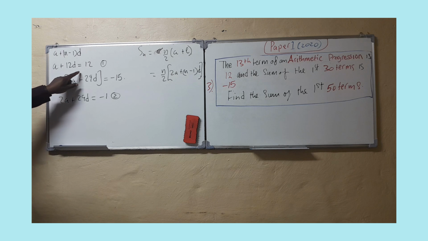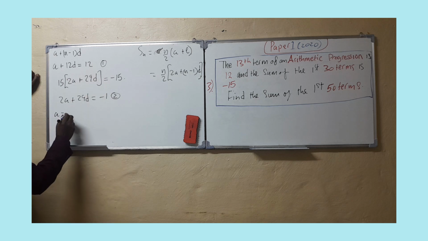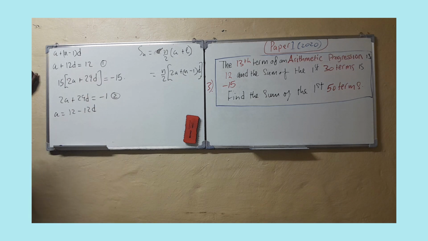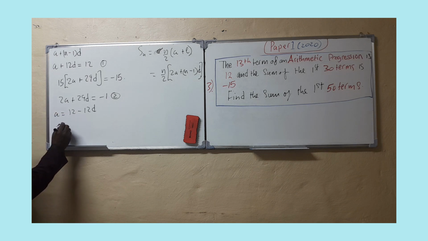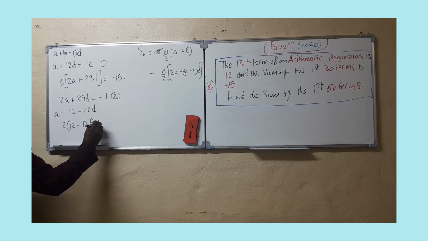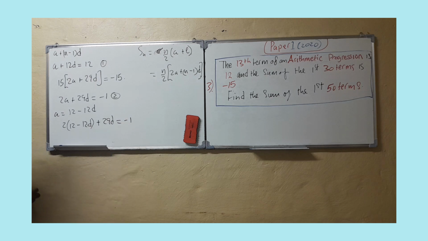Let's get rid of a here. We can have, therefore, a is equal to, from equation 1, a is equal to 12 minus 12d. So substituting now for a in this equation 2, we have 2 brackets 12 minus 12d plus 29d is equal to minus 1.